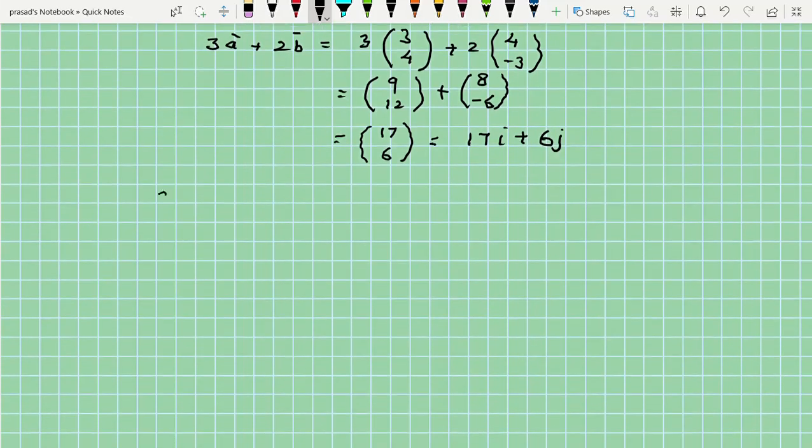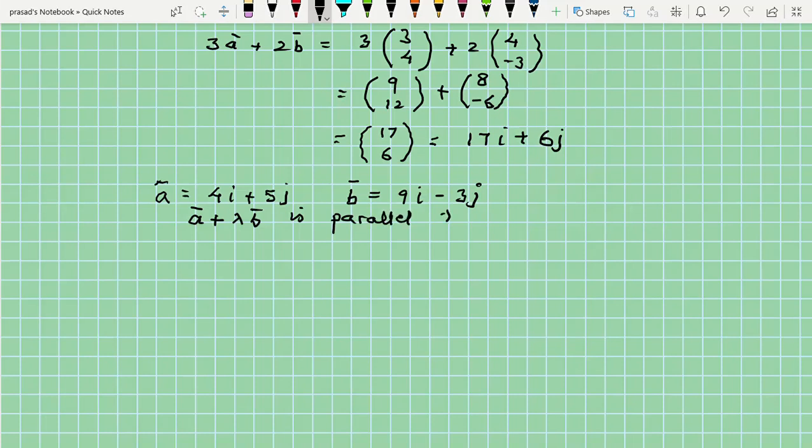Now take a problem like this. Vector a bar is 4i plus 5j and vector b bar is 9i minus 3j. Now suppose vector a bar plus lambda times b bar is parallel to vector i bar.